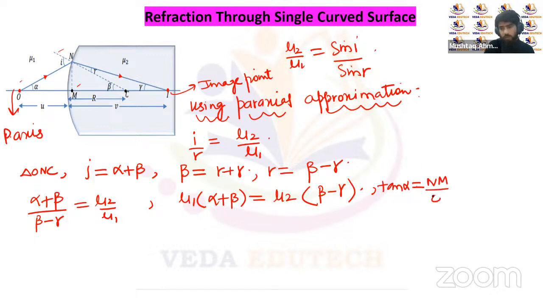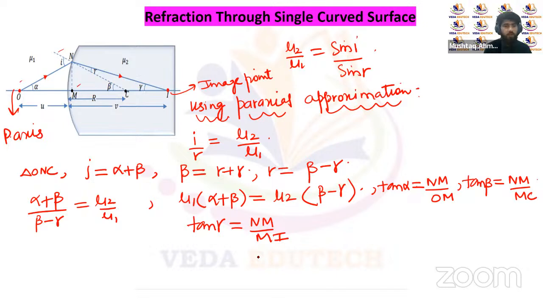And similarly, tan of beta will be equal to NM upon MC. Now tan of gamma, from this triangle NMI, will be NM upon MI.